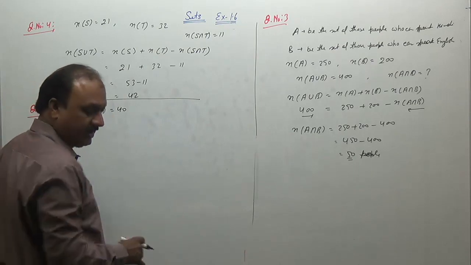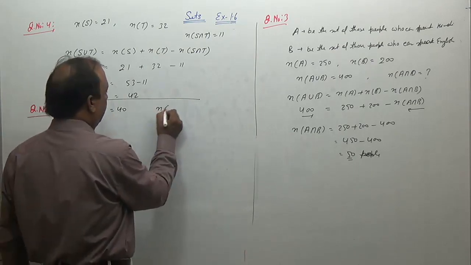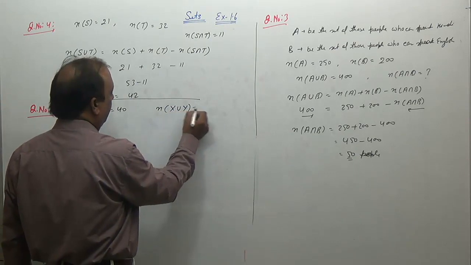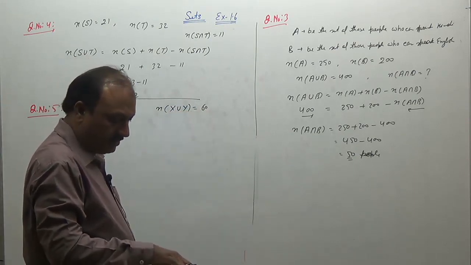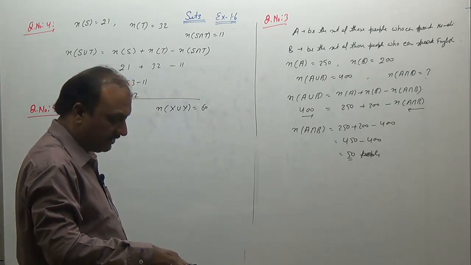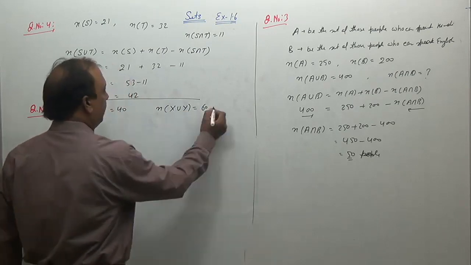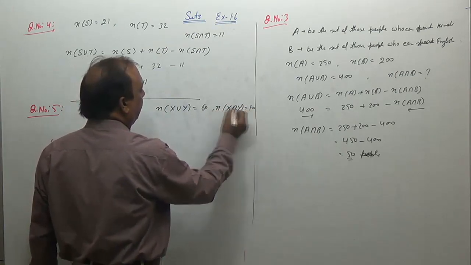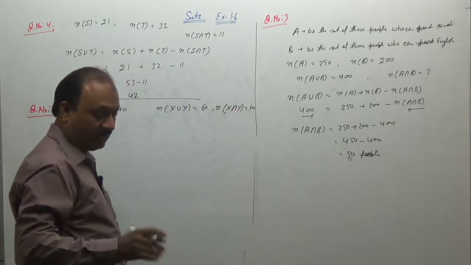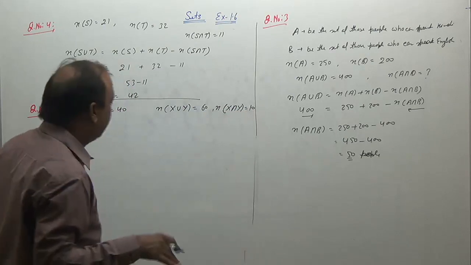X union Y has 60 elements, and X intersection Y has 10 elements. How many elements are in set Y?